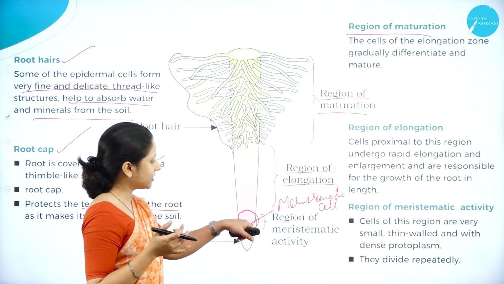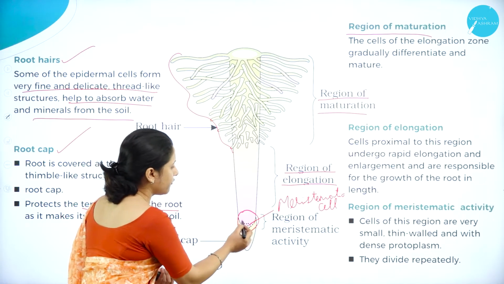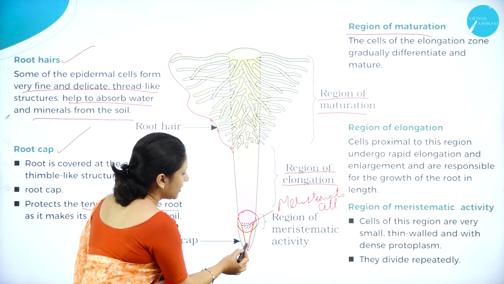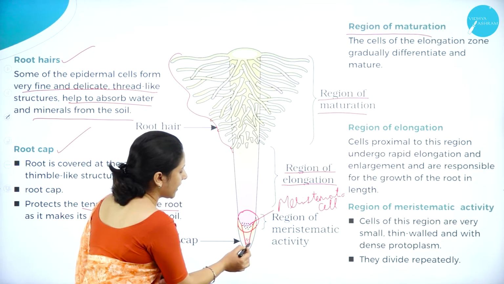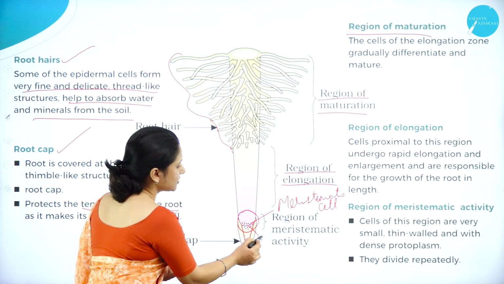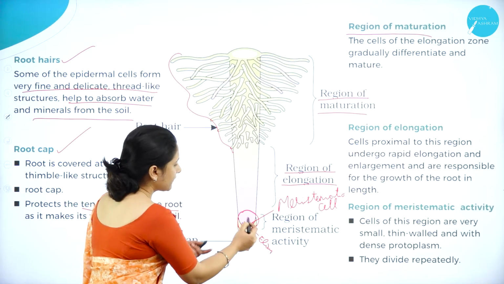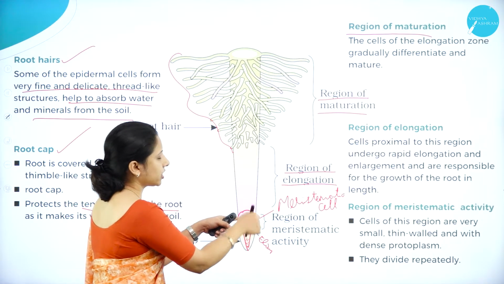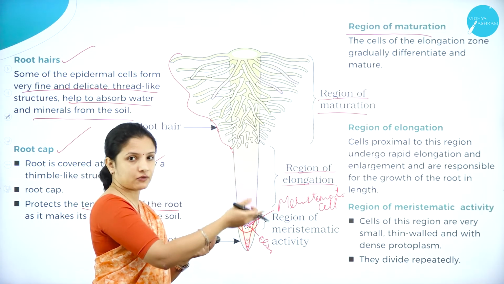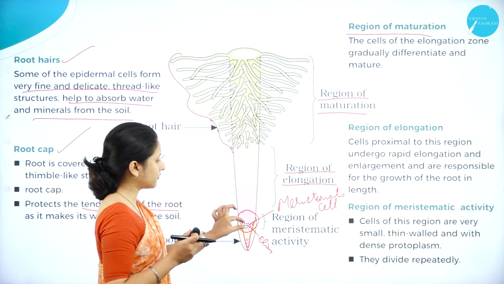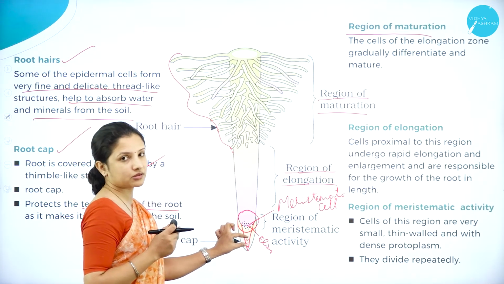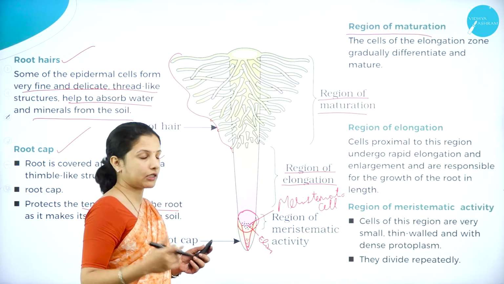Again the root will increase in size, and again the new cells will start to divide. Once the new cells form, these will elongate. After the elongation, they will enter into the next phase, the maturation phase, and these elongated cells will mature. Now this will be the old part of the root, this will be the elongation part, and again this will be the meristematic part. Like this it will go on continuing.